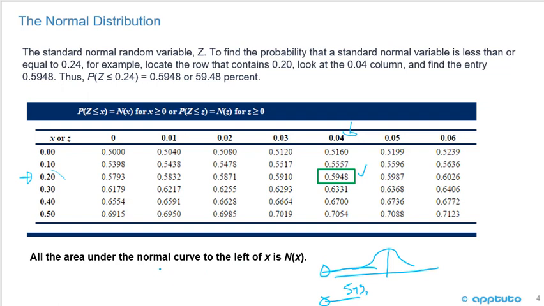All the area under the normal curve to the left of x is the number that we get from the z table. So we find the entry 0.5948. Therefore, the probability that z is less than or equal to 0.24 is 59.48%.